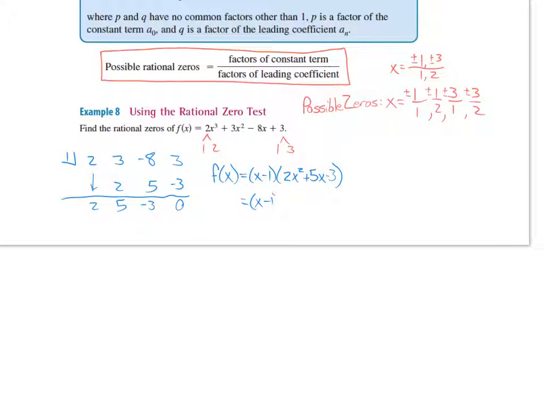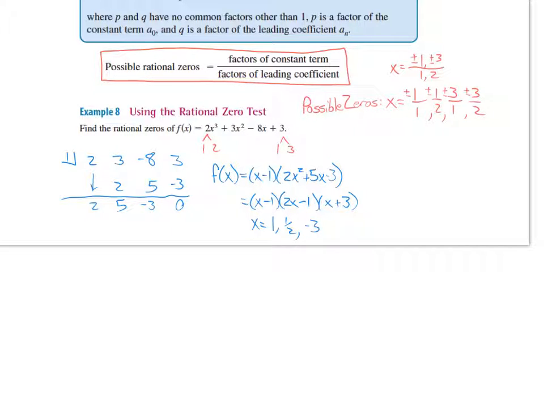You're trying to find zeros. So at this point, you can say this is going to factor into 2x minus 1 times x plus 3. And now I know my rational zeros are going to be 1, 1/2, and negative 3.